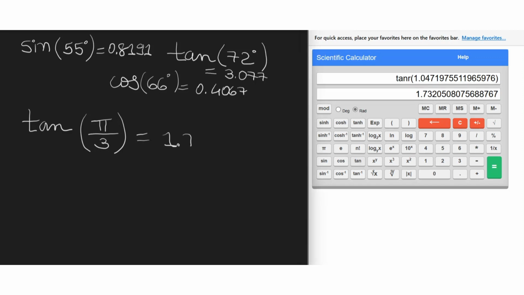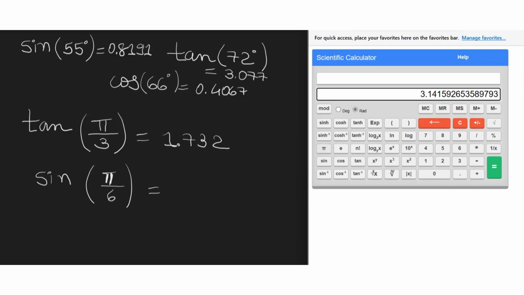So the calculator is set to radian mode, and then we perform the calculations. Then suppose I need to find sine pi by 6. You already know the value of sine pi by 6 or tan pi by 3. While giving the exam you might have some other value which you are not aware of, and you can find it like this. Set the calculator to radian mode, pi by 6, then press the sine symbol.